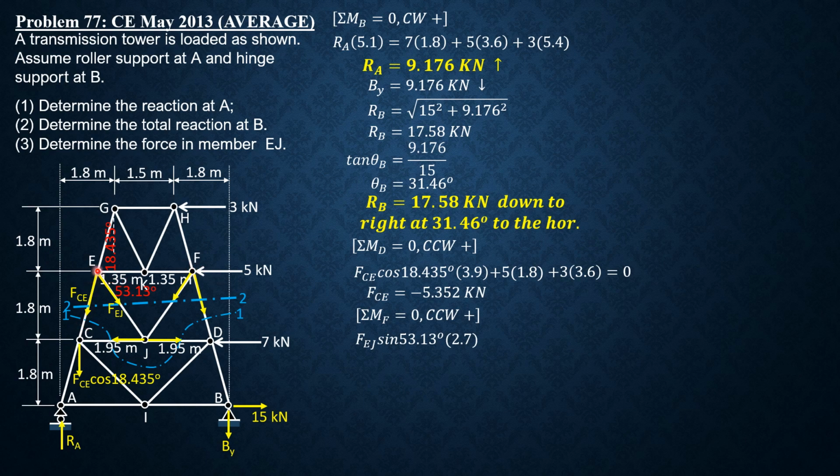So the vertical component of FCE is negative 5.352 cosine of 18.435, and the moment arm is also 2.7. Then plus 3 times 1.8 equals 0. So solving for FEJ, it is equal to 3.847 because it is positive, so it is tension. So that's it. That's the solution to this problem.